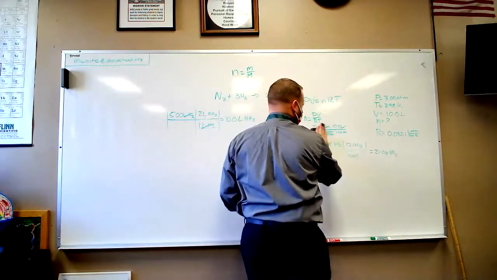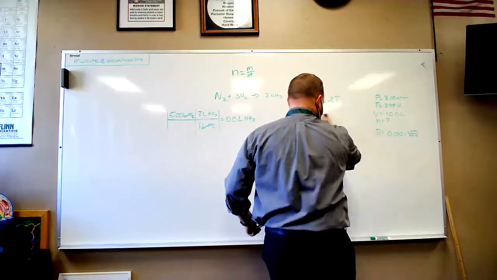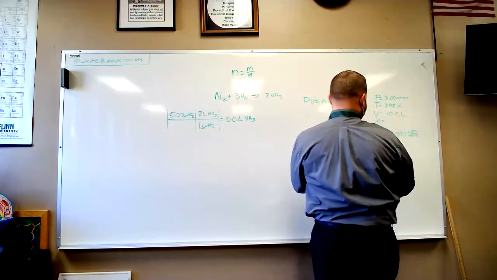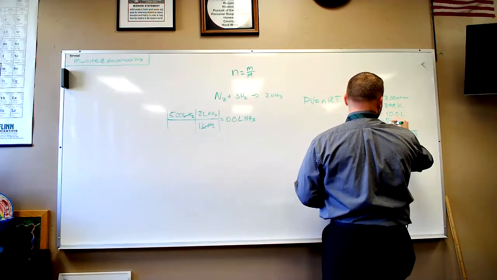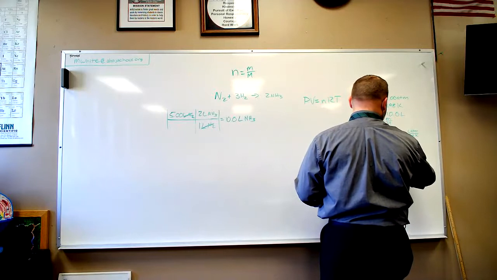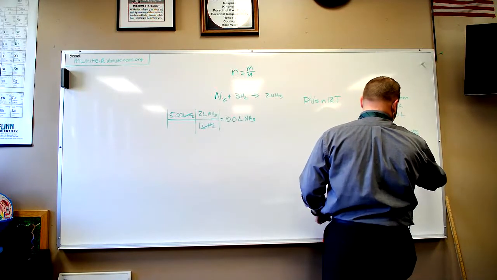So we could have said, all right, n equals that, but we know that capital M is 17.04 grams per mole.